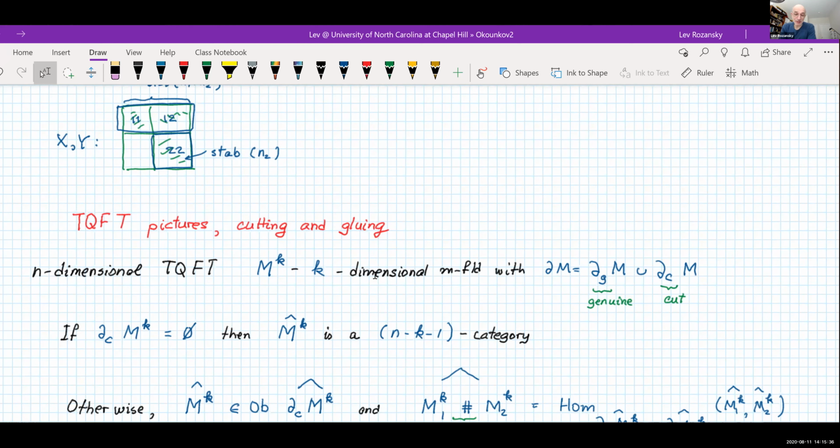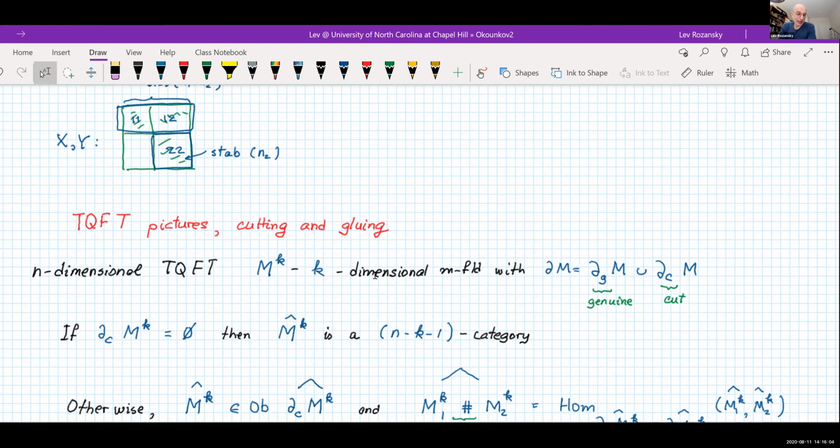So the manifolds that show up in the story will have two types of boundaries. Or rather, their boundary will have two components, slightly intersecting. The genuine boundary and the cut boundaries. So the cut boundaries for gluing. So you can glue only over cut boundaries, but then there are also genuine boundaries over which you're not supposed to glue.